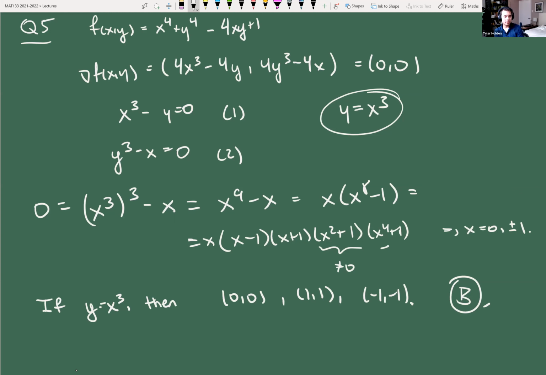The sort of problem when you have nonlinear systems of equations is that there isn't like an algorithm for solving those systems. You kind of just have to play around with things until you figure it out.